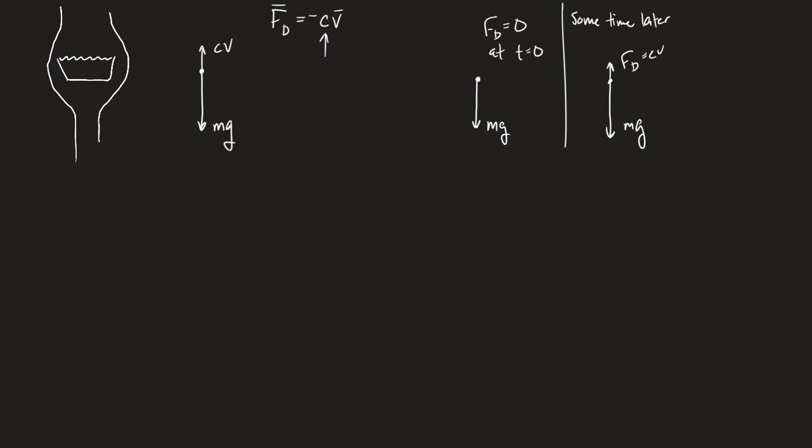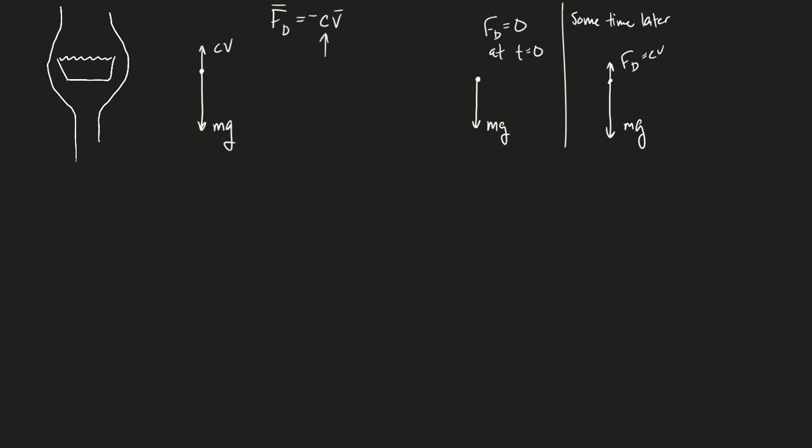Not much, but some. It's still accelerating downwards though, which means it's still getting faster. And because it's getting faster, the drag force is also getting bigger. But it's still accelerating downwards, so it's still getting faster, and so the drag force will keep getting bigger.